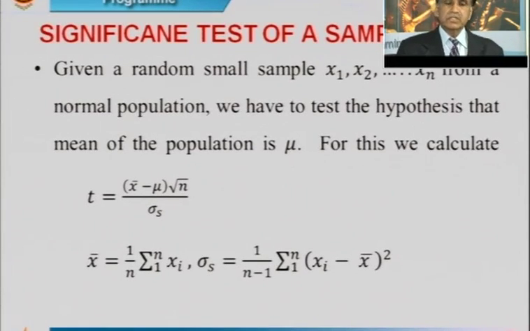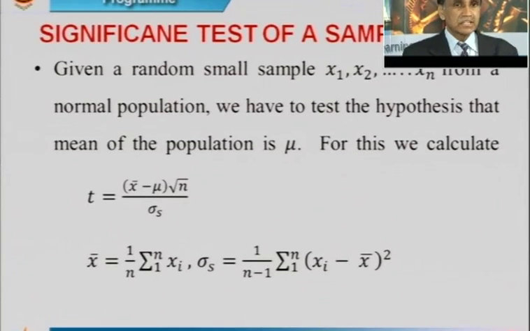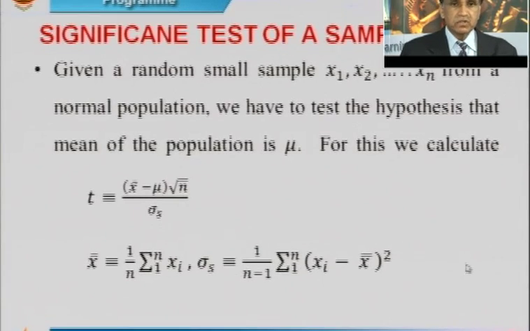That is the usual formula we take for the arithmetic mean: the sum of all the values of the variable divided by the number of values. The standard deviation is taken as the square root of 1 divided by n minus 1, and we have to attach the square root sign because it should be raised to the power half.